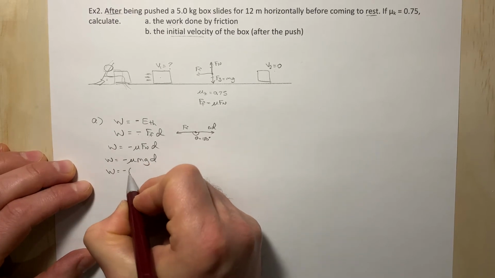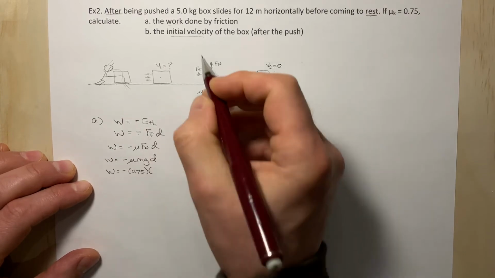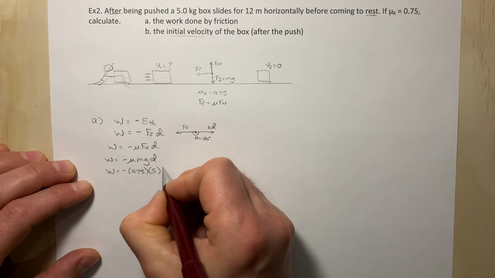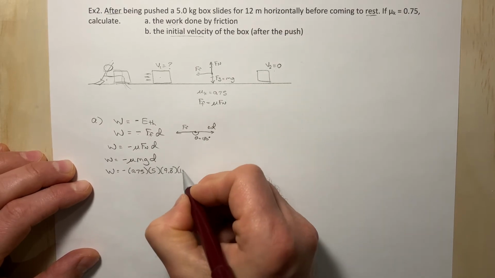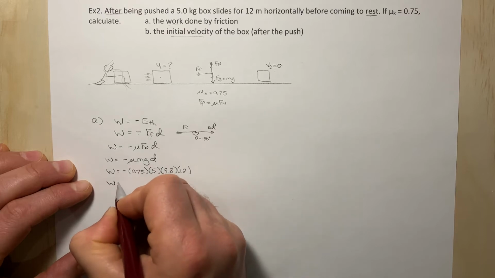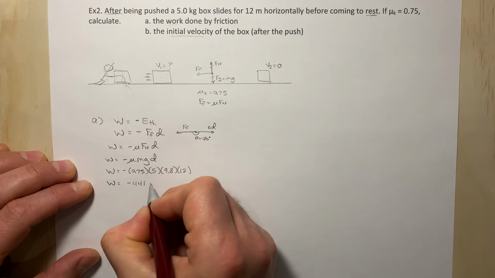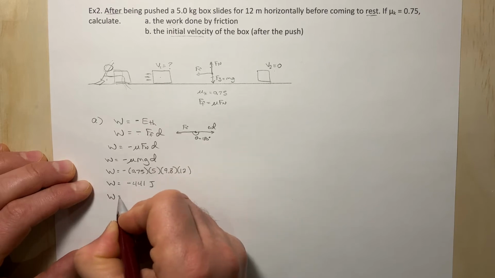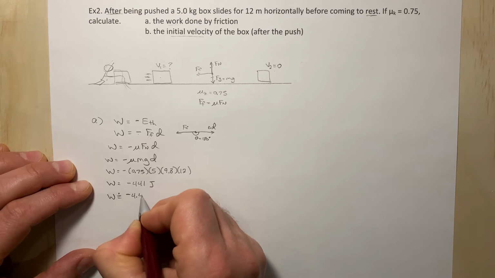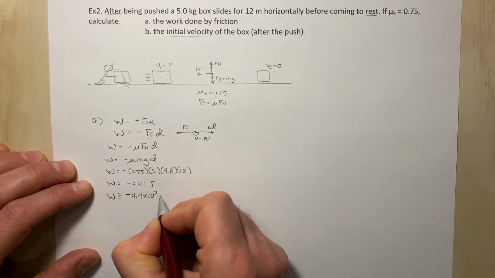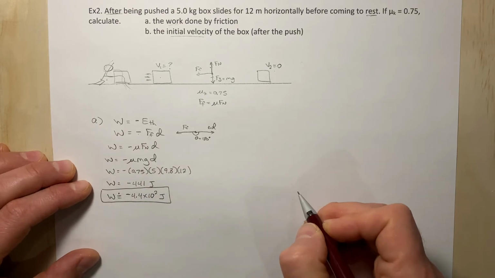Work is negative 0.75 times mass 5, g 9.8, d 12 meters. If we work that out, we're going to get negative 441 joules. And for sig figs, we could say negative 4.4 times 10 to the 2 joules. And there's our work.